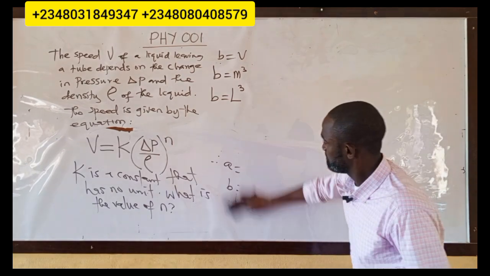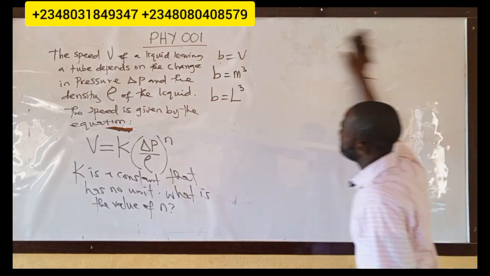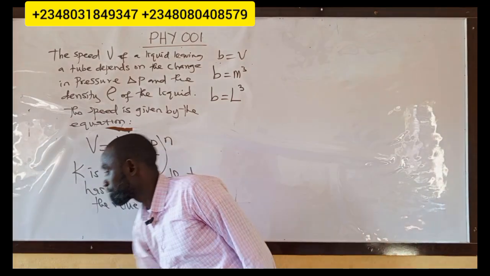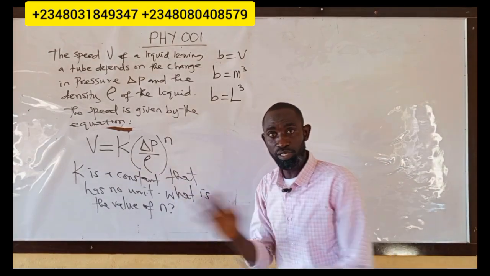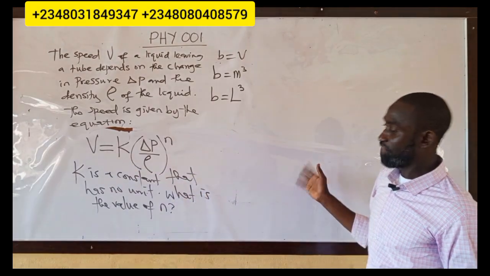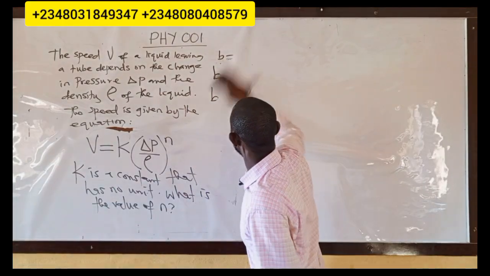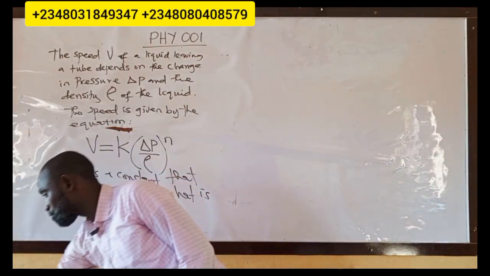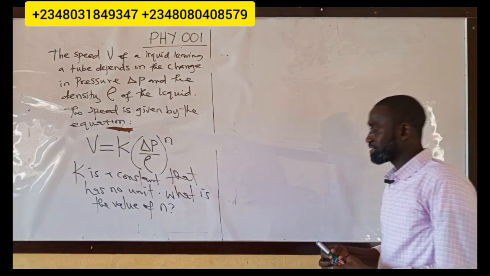That's the question I'm going to use to wrap this video up. Alright, so let's go. A constant has no effect. Are you with me? A constant will have no effect in the solution.